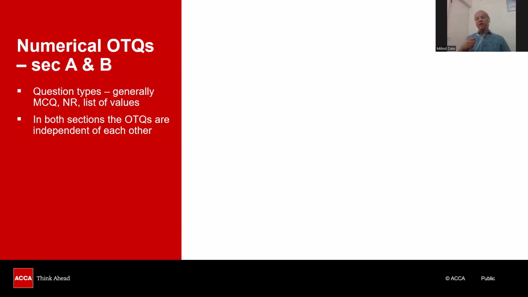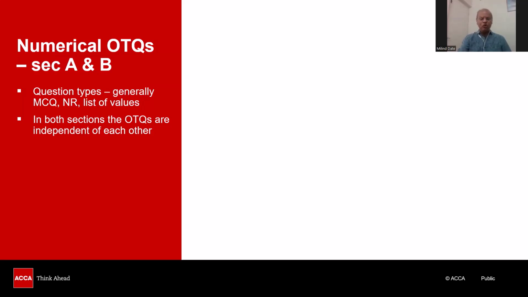Or there may be a list of values given to you wherein you have to pick the most correct one. And in both these sections, the OTQs, remember, are independent of each other. So if you get one wrong, it's not going to make you earn or lose marks on the other question.